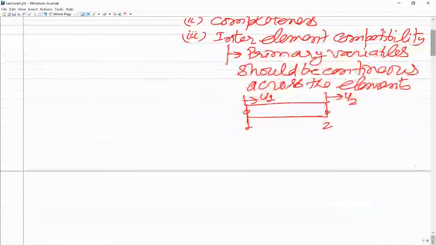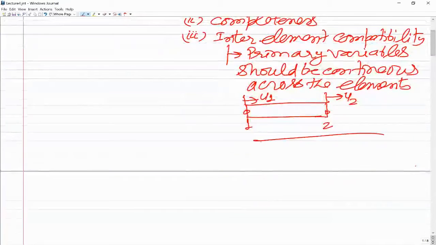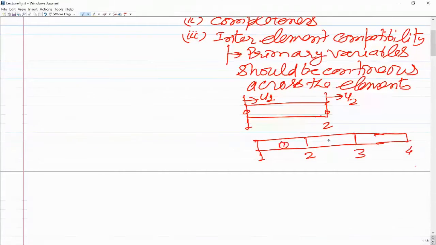So for example, if you have an assembly of elements, let us say this is the three element discretization. The global node numbers are 1, 2, 3, and 4, and this is element 1, this is element 2, this is element 3.